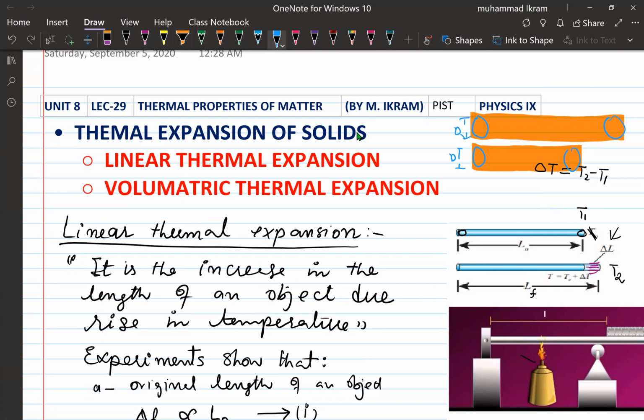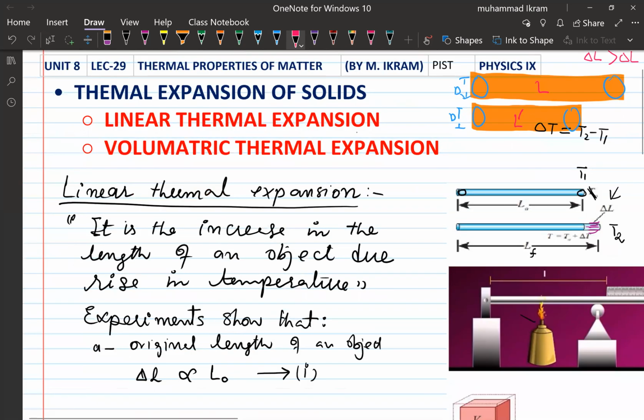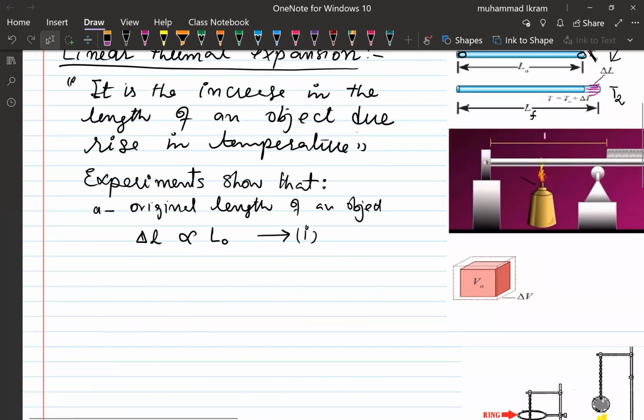When you increase their temperature, for example by 5 degrees centigrade, the wire with length L will expand more than the wire with length L dash. So the change in length delta L will be greater than the change in length delta L dash. This shows that the change in length depends on the original length of the object.